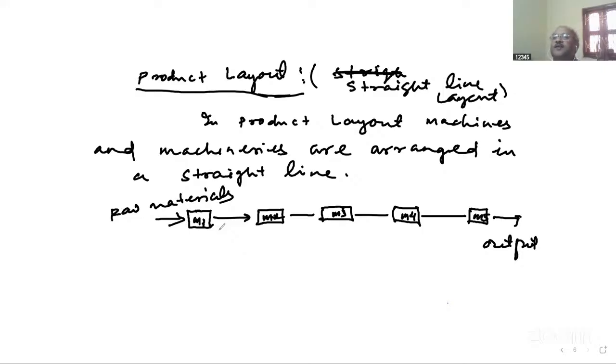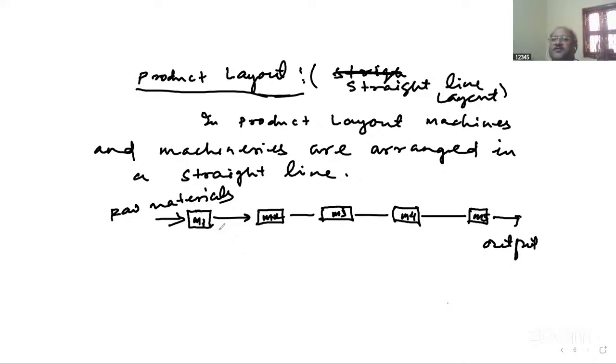That is what is called your linear sequence. So actually the disadvantages of this type of layout is what? First thing, these are more expensive, right?